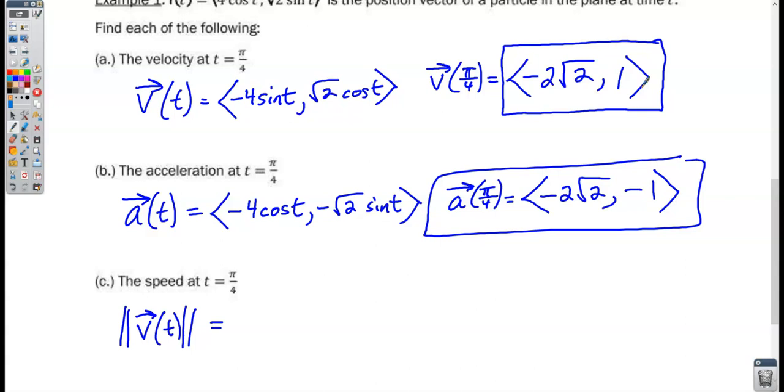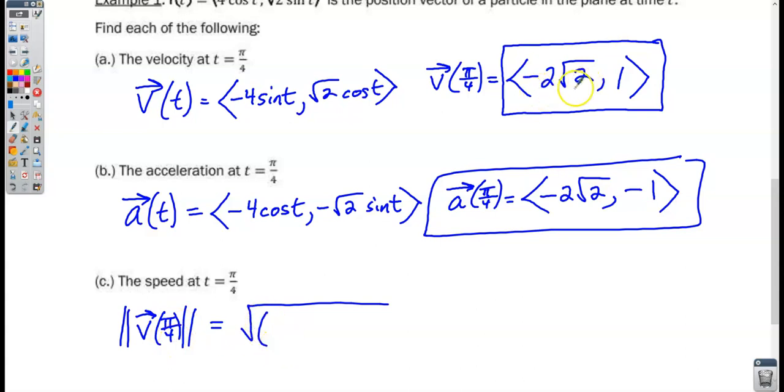Here we're taking the magnitude, since we're going in 2 dimensions, and the magnitude of the velocity ends up being our speed. So this is going to be the square root of the first component of the velocity vector. Well, we already did this at pi over 4, so I'm going to find the speed at pi over 4.